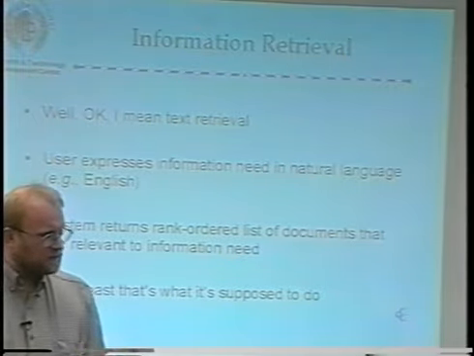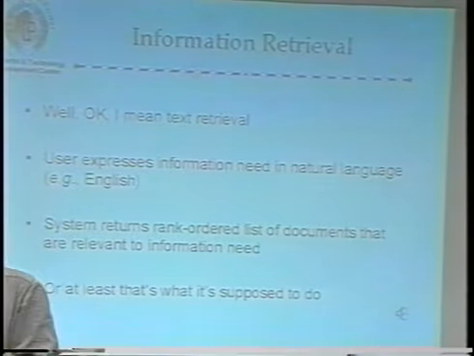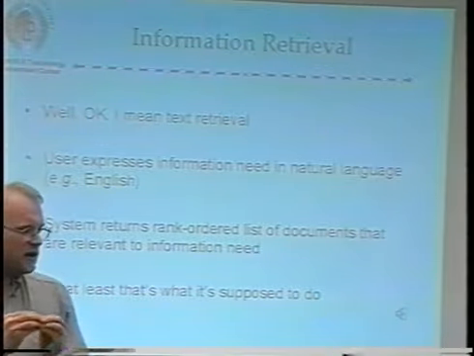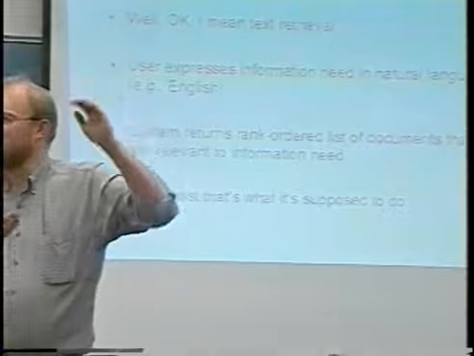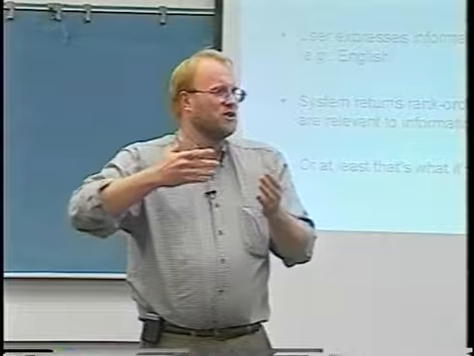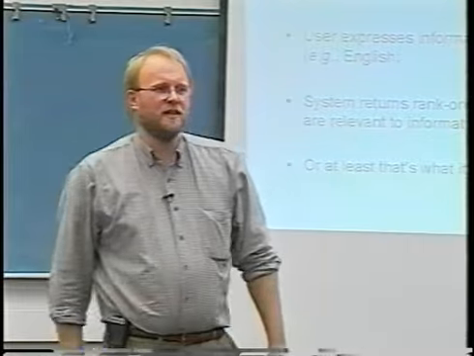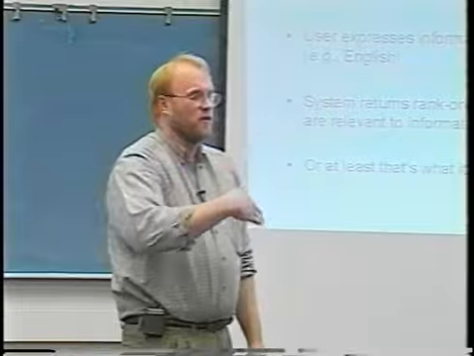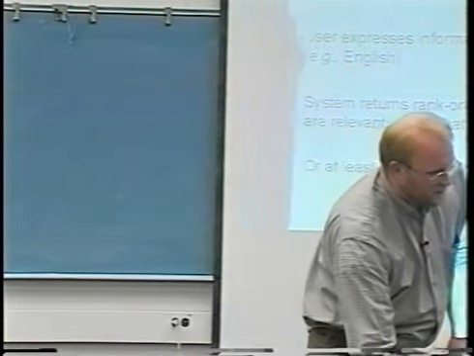So the user's query is in natural language, say English. The system in the olden days used to just return a big wad of documents, but these days those documents are ranked so that you get some notion of where the system thinks these documents ought to be in the grand scheme of things for this query. And that's what the system is supposed to do.